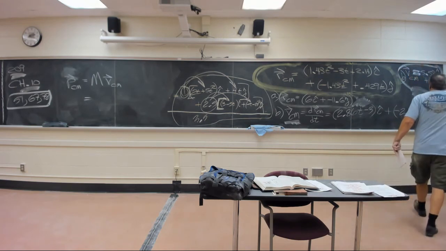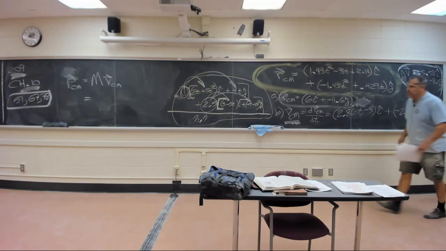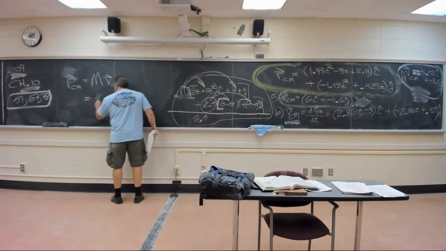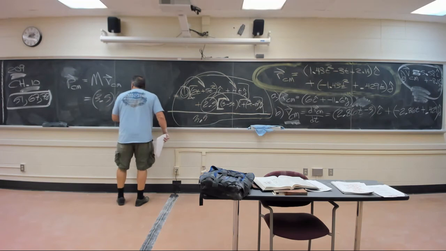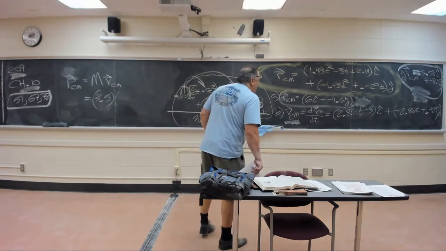Well, you know what? I already got what the speed is. They gave us this. Now just multiply it by 3.5. If they already gave it to you, you've got more than enough work to do. That's capital M. VCM at 3 seconds is 5.58.